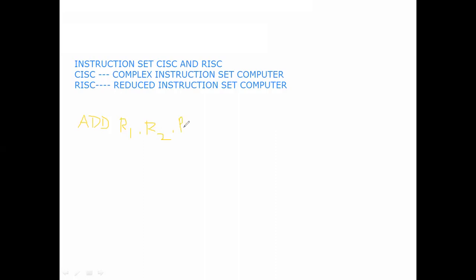This is the example for a complex instruction. Here, how many operands are we using? 3 operands: R1, R2, R3. So here, what are the steps executed in this instruction? The first step is addition of R1 and R2.